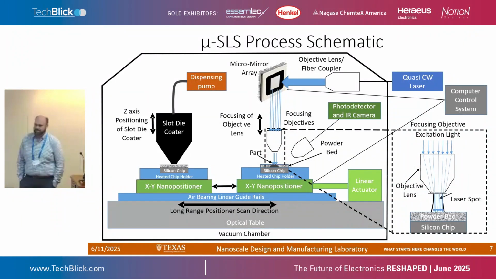That leads to some obvious spreading challenges. You can't do this as a powder anymore. Nanoparticles like to stick together when they're in powder form, so it has to be spread as an ink. So what we end up doing is spreading a layer as an ink, we dry out that layer of ink, we do our patterning, we spread out another layer of ink, dry that layer, and repeat that process over and over to build our 3D structure.